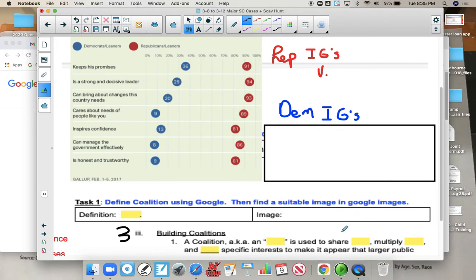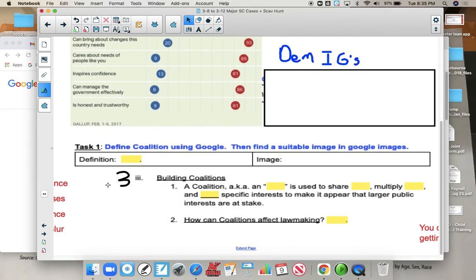All right, now that you're back and you're queued up on the video, let's go through building coalitions. A coalition is a fancy word for an alliance, and that's probably what you determined in definition and picture. It is used to typically share expenses and multiply your influence.